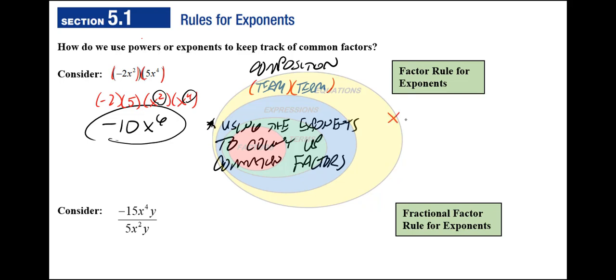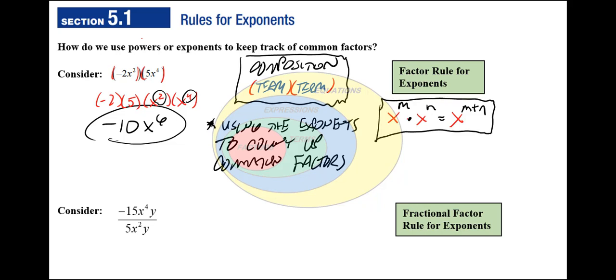So you've got a factor of x times a factor of x, and say the first factor is raised to the mth power and the second to the nth, and I'm multiplying these factors together. So what this is equal to is the same factor x raised to the m plus n power. Just add the exponents. All right, so what's important when we're multiplying monomials, or a single term, is that we basically use the exponents to count up the common factors and write the factor for that sum.